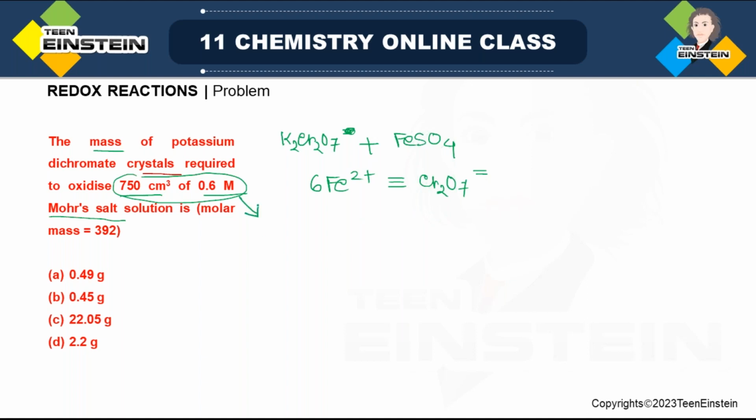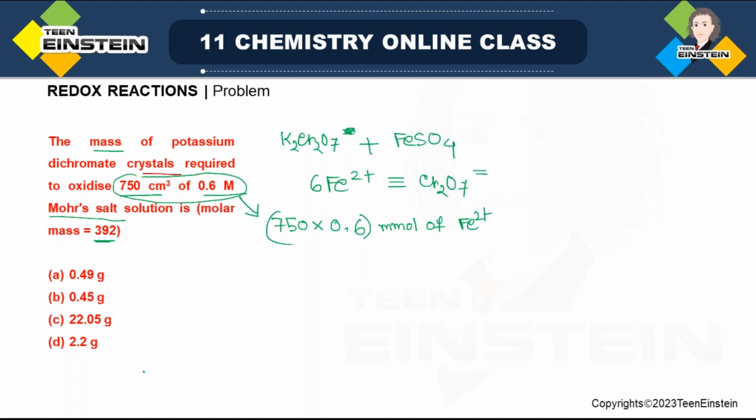So first multiply these two, 750 multiplied by 0.6. When you multiply this, you get millimoles of Fe2 plus, right? Now here the molar mass of Mohr's salt is not required. You need the molar mass of K2Cr2O7.